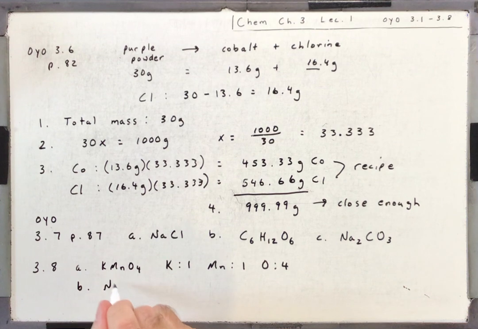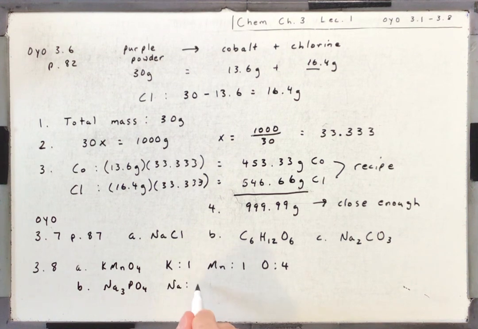And then Na3PO4, that's potassium permanganate is the name of that one. This would be sodium phosphate. Na3, we have 3 atoms of sodium, 1 atom of phosphorus, and again 4 atoms of oxygen.